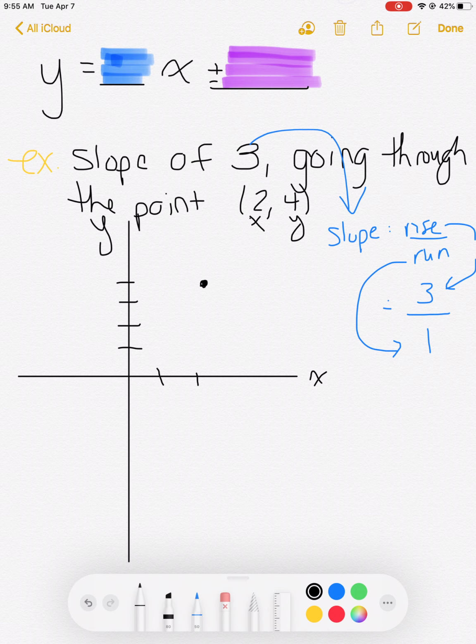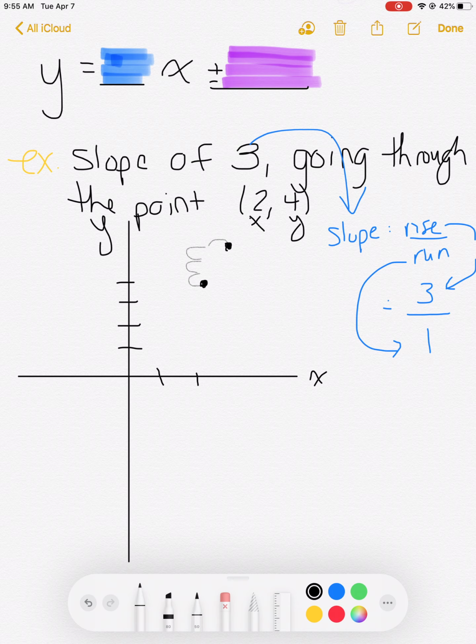What you do is go up 3, one, 2, 3, and then you run 1. I know that's not 100%, but that's fine.